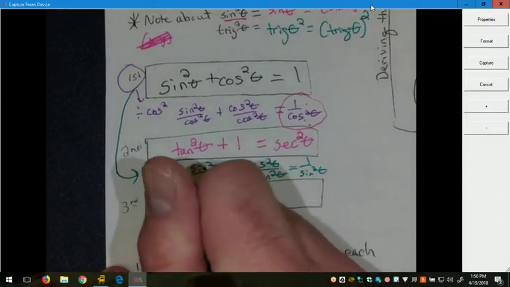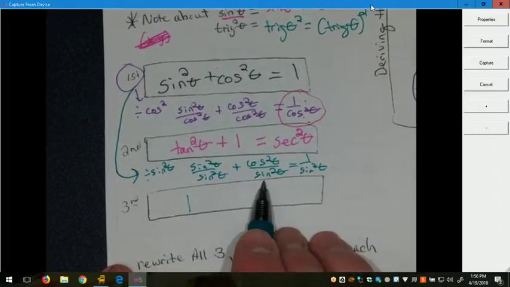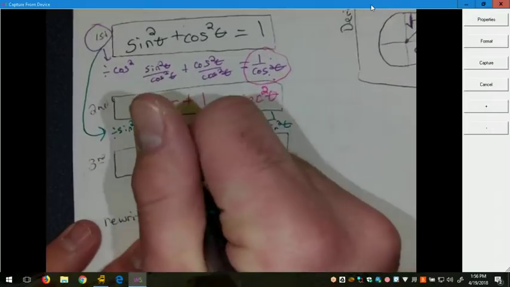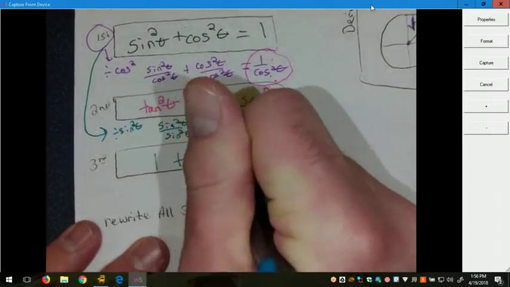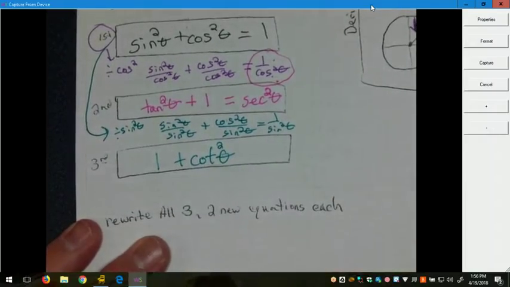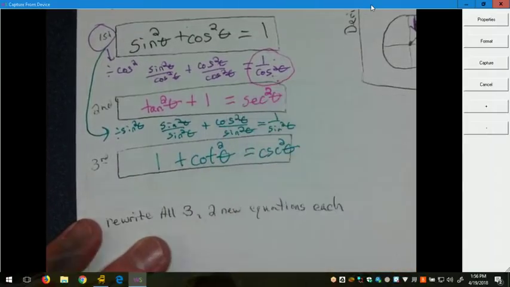Sine squared divided by itself is 1. Cosine over sine is cotangent, but they're both squared, so it's cotangent squared theta. And 1 over sine squared, 1 over sine is cosecant, so this is cosecant squared.